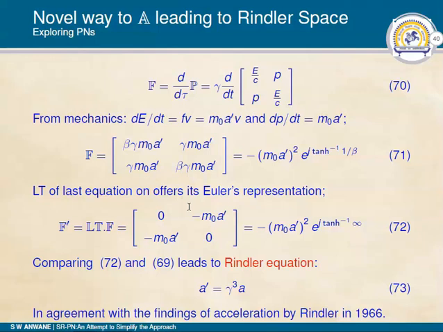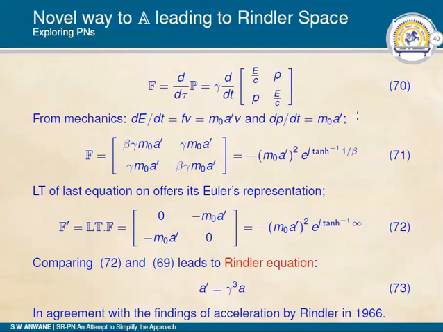So force by definition is the proper time rate of change of perplex momentum, and here this momentum we are writing as the ordered pair E by C and relativistic momentum P. From mechanics we know dE by dt is F dot V, rather force into velocity, which is in fact m0 a dash V, and dP by dt is acceleration in relativistic terms, and here I am using dash for acceleration so that it is m0 a dash.